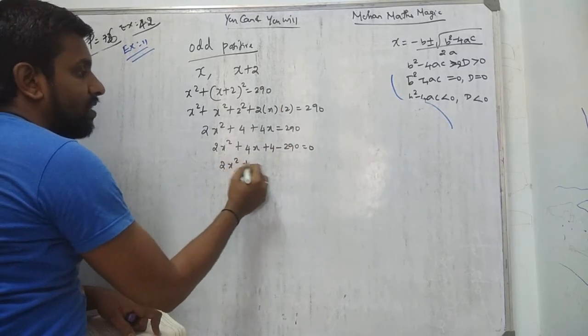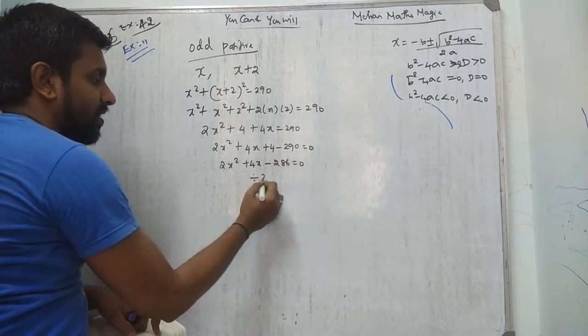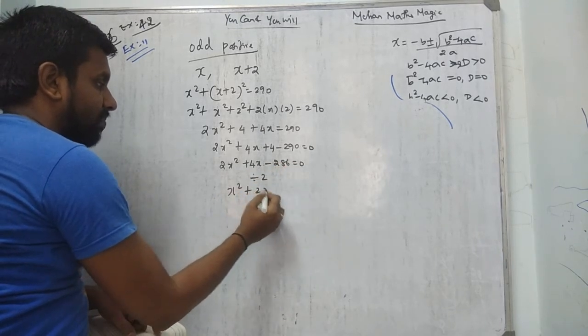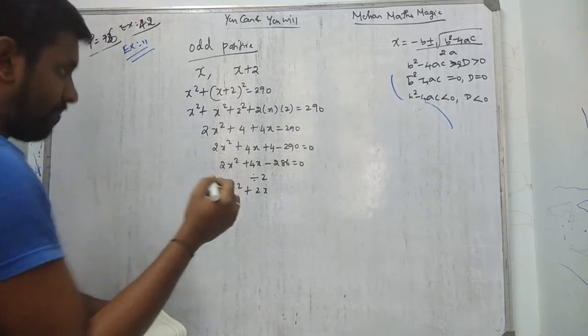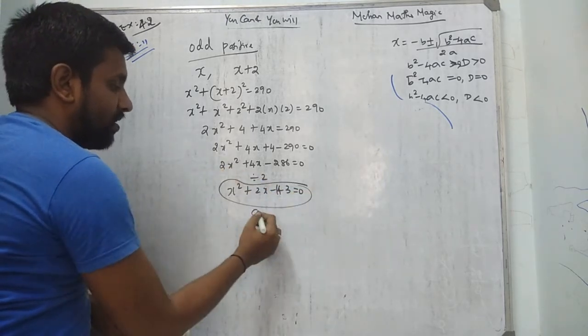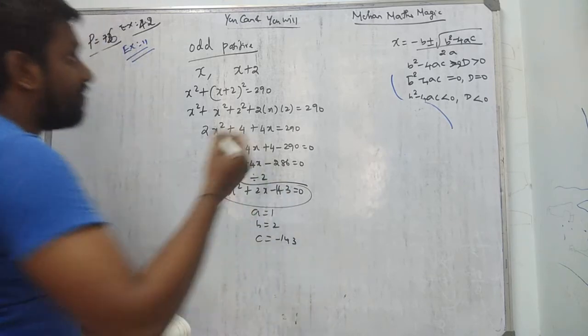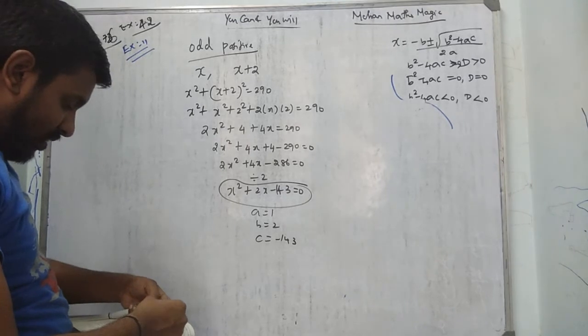So 2x square plus 4x minus 286 equal to 0, divided by 2. So x square plus 2x minus 143 equal to 0. A value 1, B value 2, C value minus 143. Finish the sum.